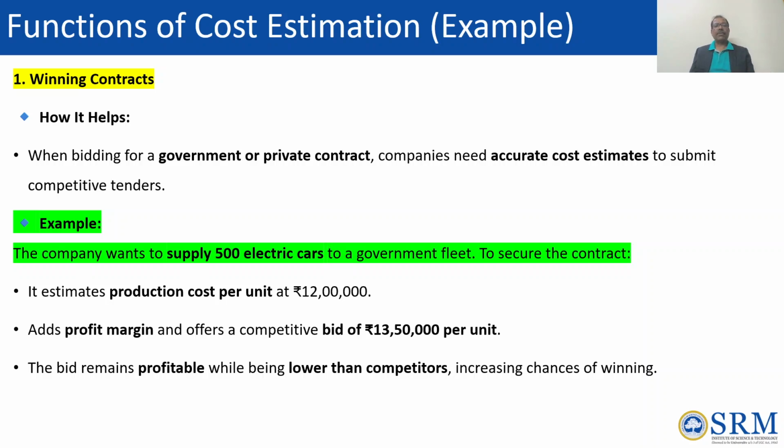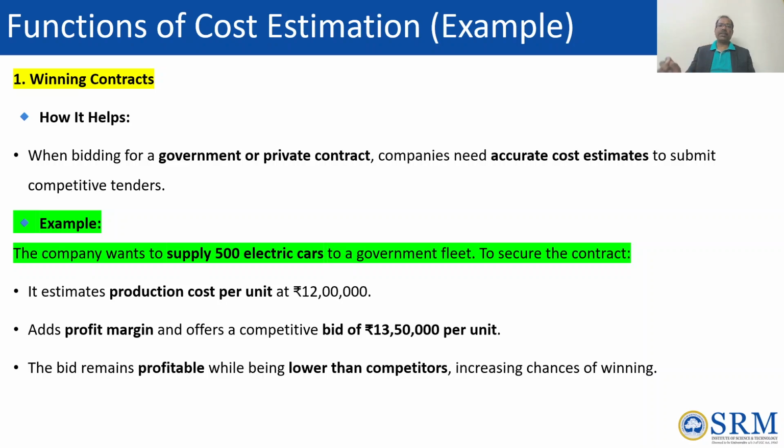Okay, example, the company wants to supply 500 electric cars to a government to secure the contract. It estimates production cost per unit at 12 lakh rupees, and they'll be adding some profit margin, along with other subcontract competitive people.